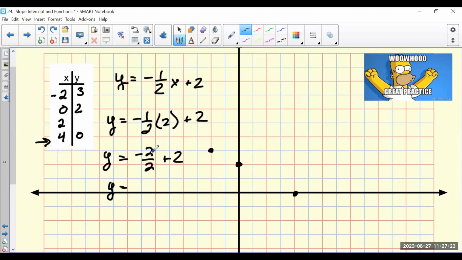This is -1 plus 2. 2 divided by 2 is 1, -2 divided by 2 is -1. -1 plus 2 is +1. So if we go over 2 spots, 1, 2, we go up 1, and there we go.